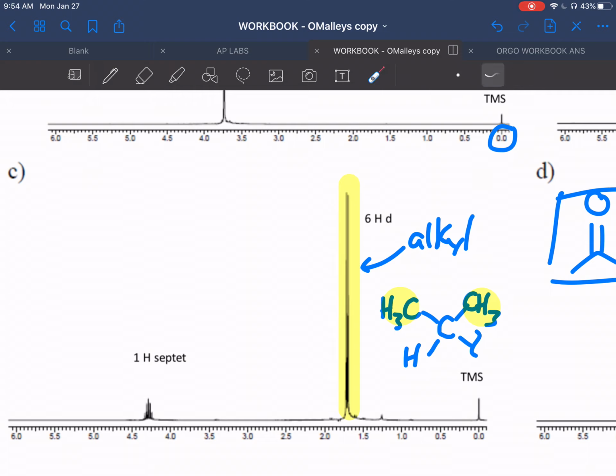And if they're next to another H, that would give rise to the doublet. Speaking of this other H, remember how splitting works. If you see me, then I see you. So this H would be split by the 6 neighbors into a septet. So that's the other signal. So we've already drawn the right piece of the puzzle. This is this 1 hydrogen septet, and then it's just a question of what else is attached to this.